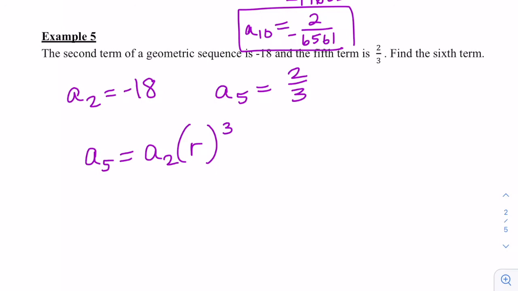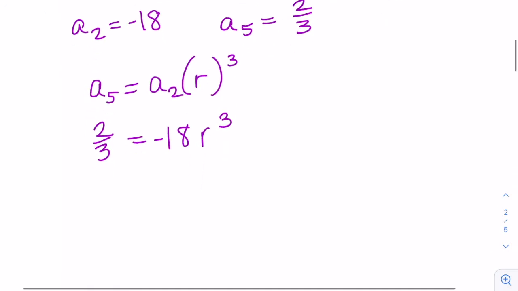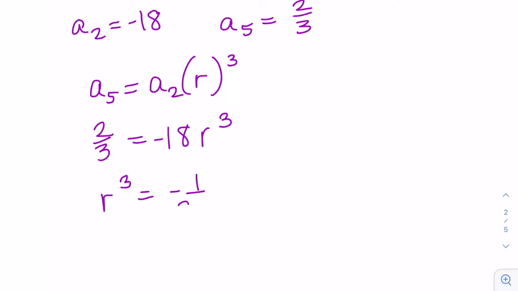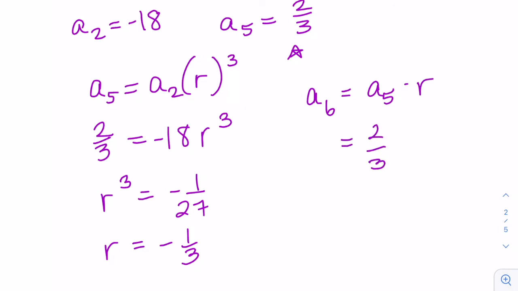So if a sub 5 is 2/3 and a sub 2 is negative 18, I can isolate r cubed, and I'll get negative 1 over 27. So r must be negative 1/3. Now I just need to multiply this term by this r. So we have 2/3 times negative 1/3, and so our 6th term would be negative 2/9.